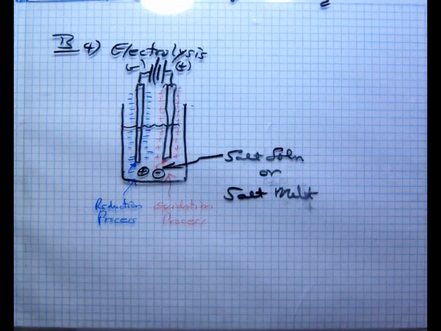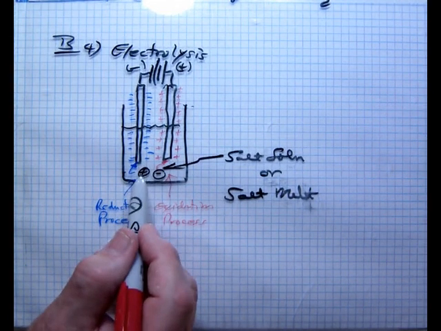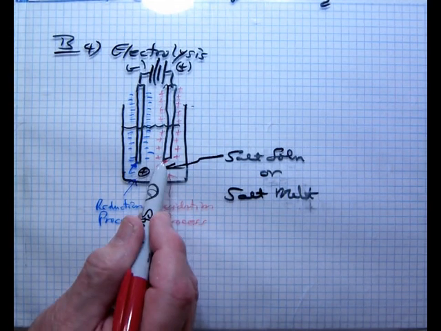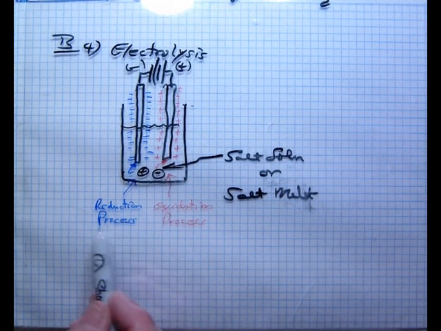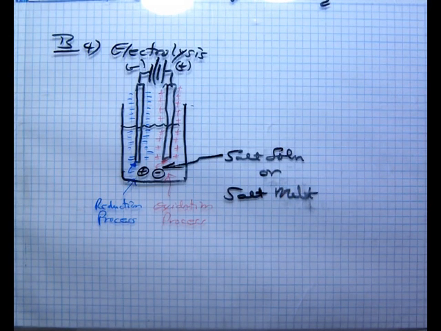Now, one thing I didn't emphasize, and this is important for this material, what you're looking at here as the elements or substances migrate to those electrodes is a process. However, there is terminology to identify the item undergoing oxidation reduction.